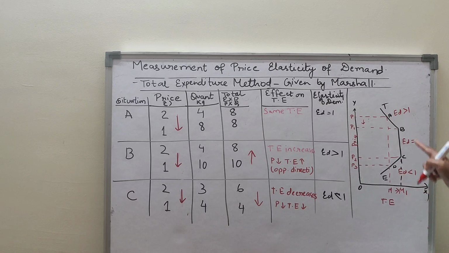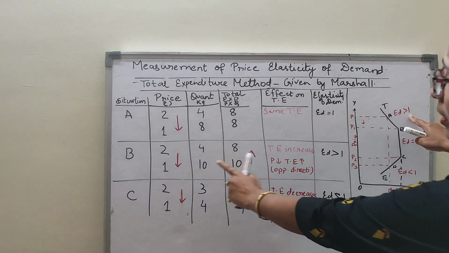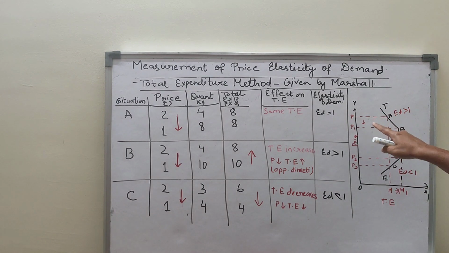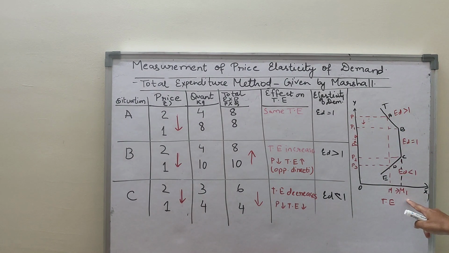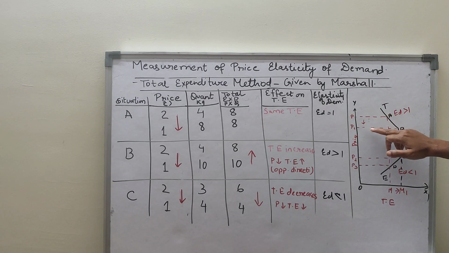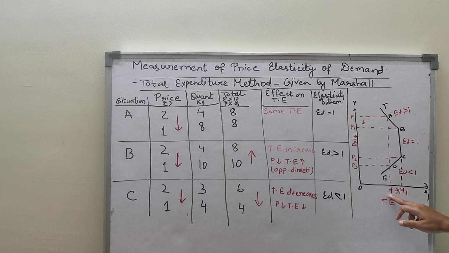So what I can see here is an inverse relationship, a downward sloping curve. So ED is greater than 1. What I told you here, inverse relation, ED will be greater than 1. So same thing, when my price falls, my expenditure is increasing. Clear? So look at the TB portion, only this TB portion. This is downward sloping, and when my price falls from OP to OP1, my total expenditure increases from OM to OM1.